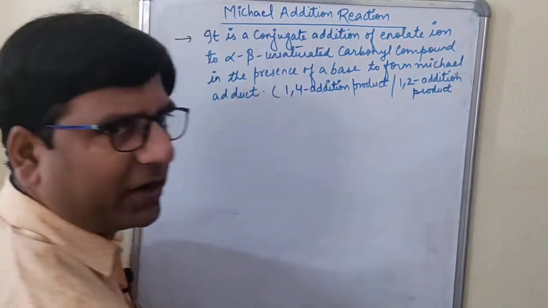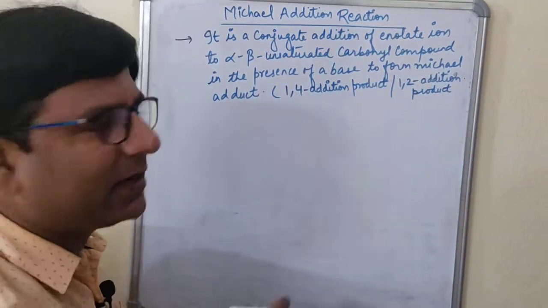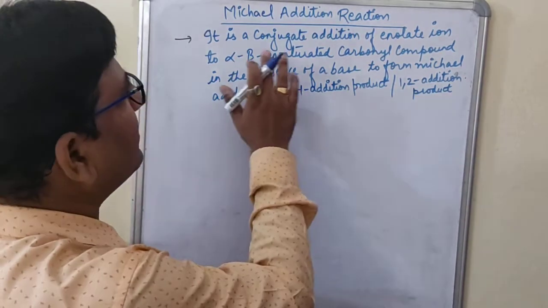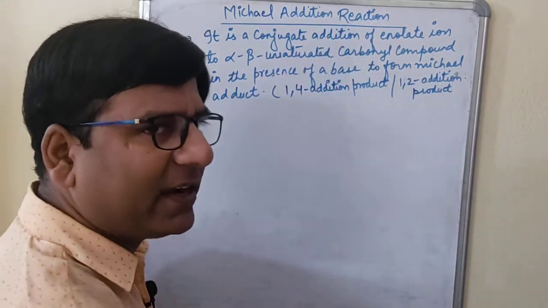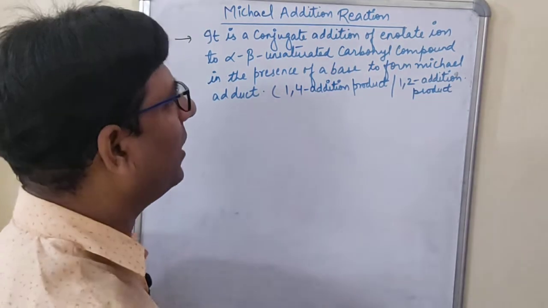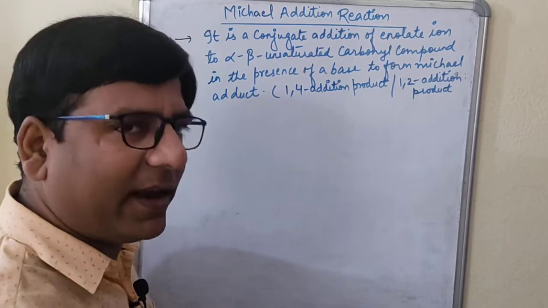I am writing this just to make you understand what the Michael addition reaction is all about. Basically, it is a conjugate addition of an enolate ion to the alpha beta unsaturated carbonyl compound in the presence of a base to form the Michael adduct.